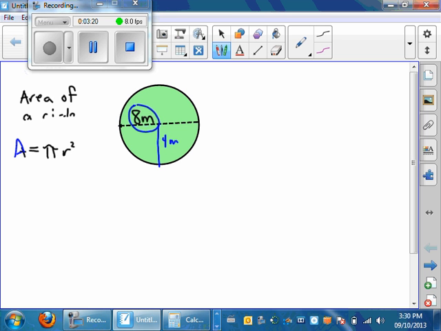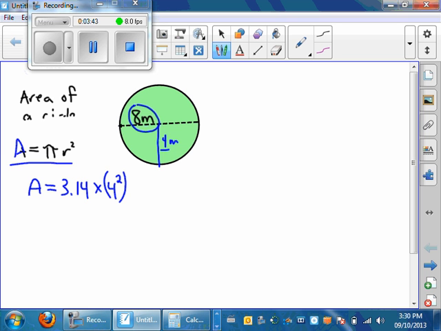Taking that measurement for radius, we're going to plug it into our formula. The formula says area equals pi times r squared. So we plug in area equals 3.14 times radius, which is 4, squared.